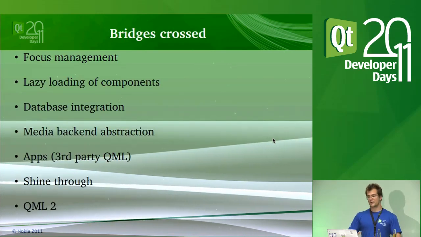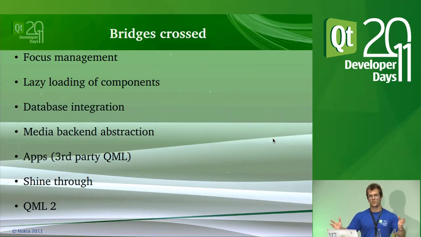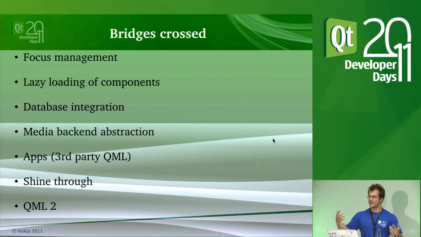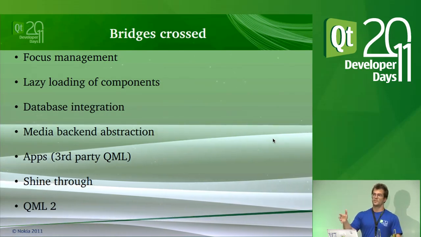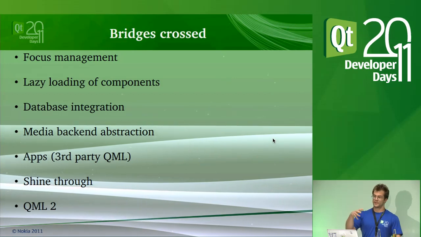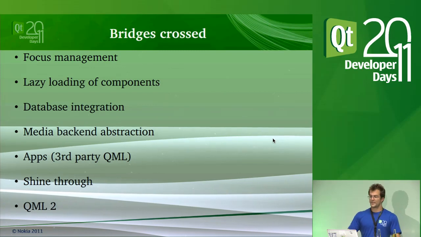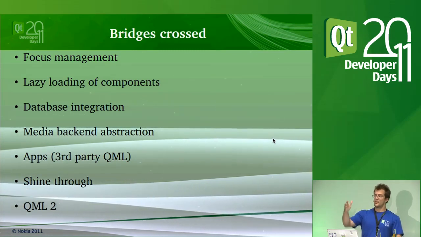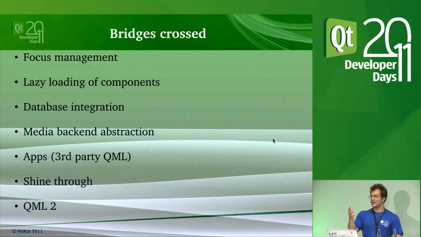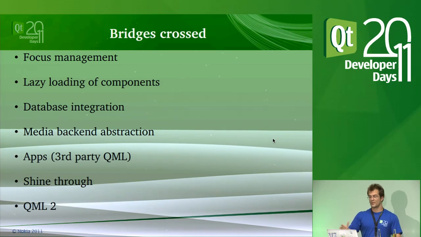The bridges that we crossed in QML, which turned out to be pain points or focal points or major achievements by our reckoning. The focus management, as mentioned before: QML has a very strong emphasis on touch-based UI. So for keyboard handling and managing the focus chain, we ended up using something of an imperative approach where we're using forceActiveFocus on a regular basis.